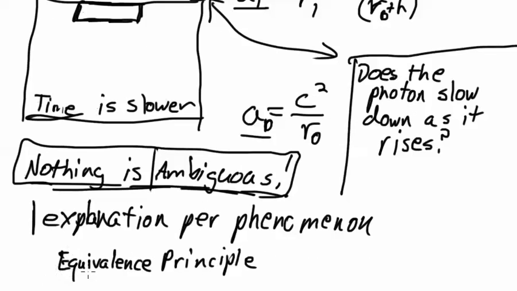And I think this is one big problem with the equivalence principle, is you've got to choose either or. They may both be perfectly valid explanations for the phenomenon that you're seeing, but you need to choose one or the other. In which case I might have to redact or add a caveat to my nothing is ambiguous statement.